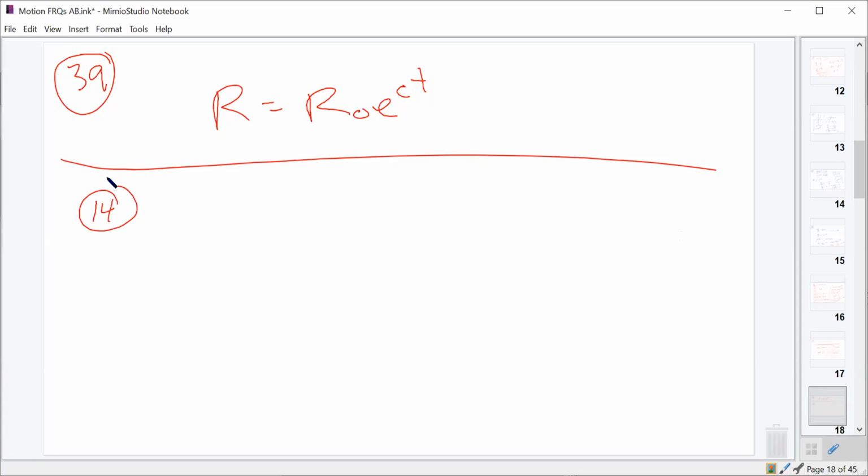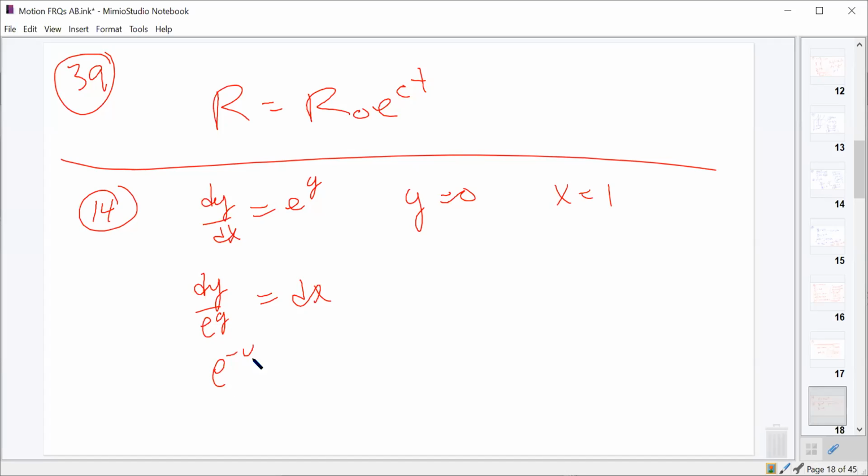All right, 14, we got dy dx equals e to the y. y equals 0 when x equals 1. So first thing we got to do is solve the differential equation. So this is dy over e to the y equals just dx. dy over e to the y is e to the negative y dy. Now when we integrate, the integral of e to the negative y is negative e to the negative y equals x plus a constant.